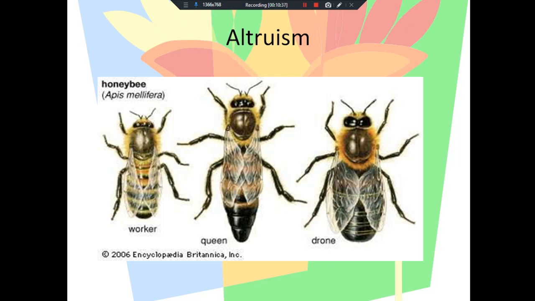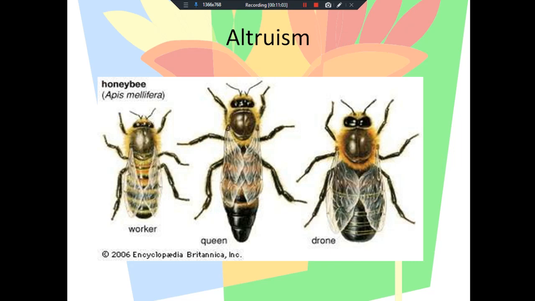It's a form of social behavior whereby one organism puts itself either at risk or at personal disadvantage for the good of other members. Altruism refers to any behavior that endangers an individual organism or reduces its reproductive success that benefits other members of a species.